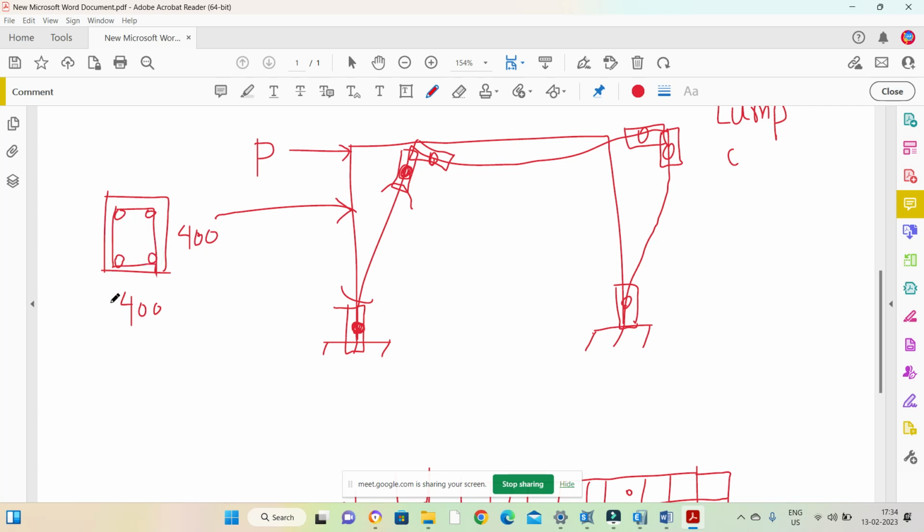Now if you have these details, you can estimate the capacity of this section, right? As you have done in your earlier course, you have one section, you have reinforcement details, and you can calculate My and Mu. Yield moment you can calculate, ultimate moment you can calculate, similarly yield curvature and ultimate curvature you can calculate.